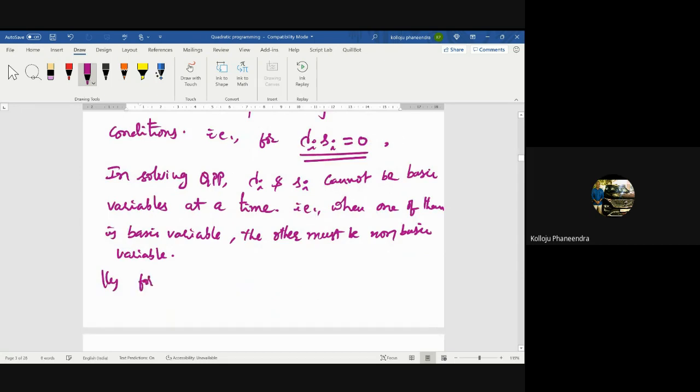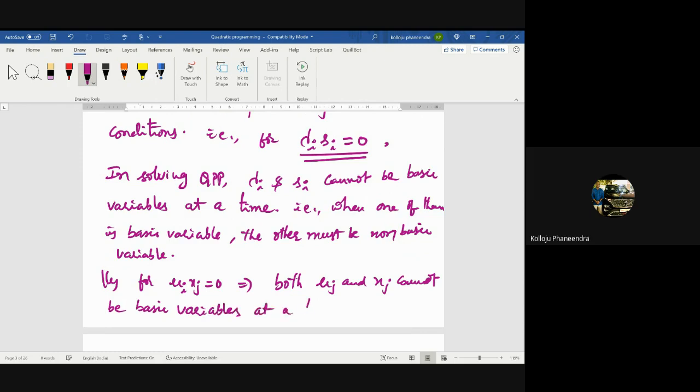Similarly, for mu j into xj equal to 0, both mu j and xj cannot be basic variables at a time. These are the complementary conditions.